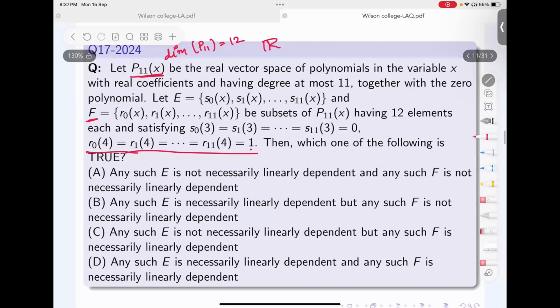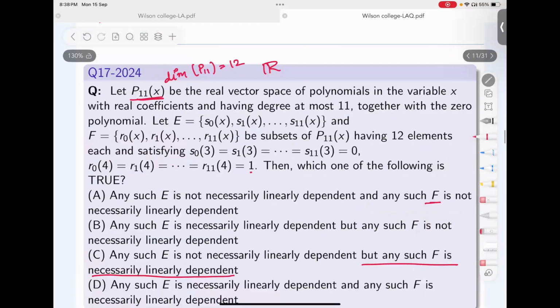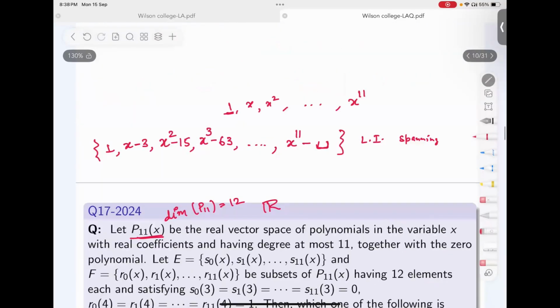Now the first option is that any such F is necessarily linearly dependent. We have just checked one set which satisfies all the properties of F, but that is linearly independent.